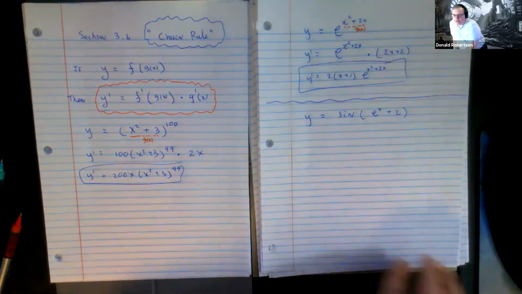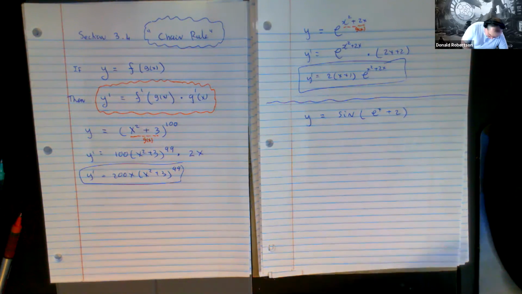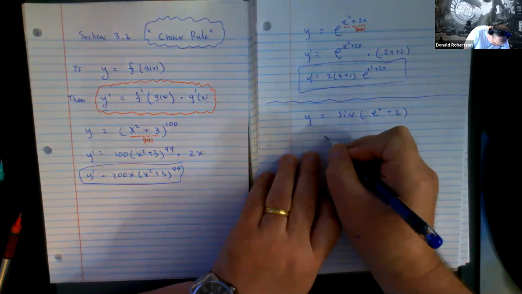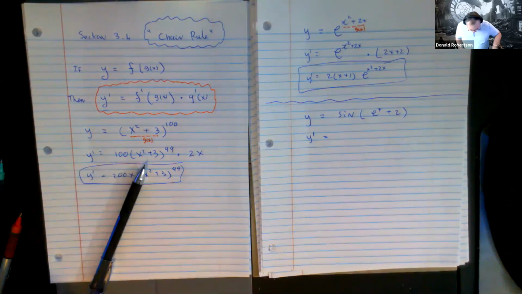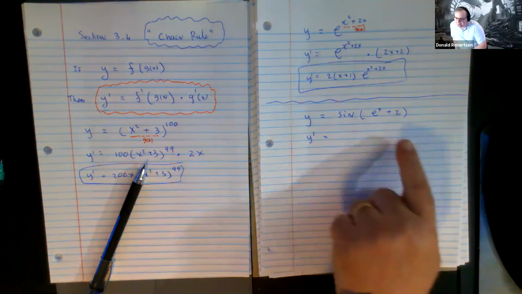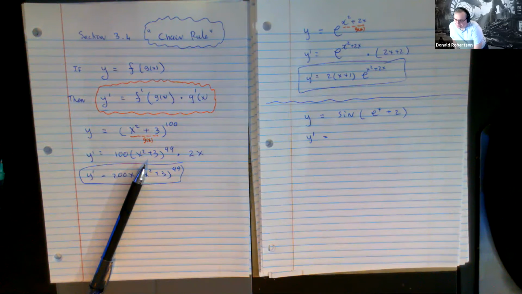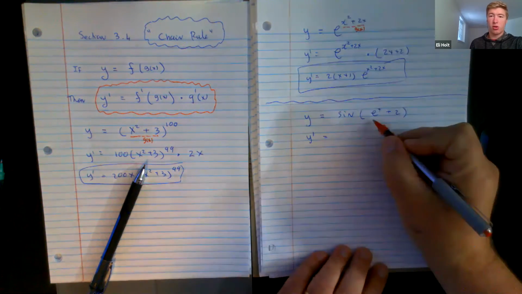There's a weird sine function. The sine of e to the x plus 2. That'd be a weird looking function. Let's find its derivative. Okay, who is the something in this case? Who's the g of x in this question? E to the x plus 2. Okay, this guy here. Great.